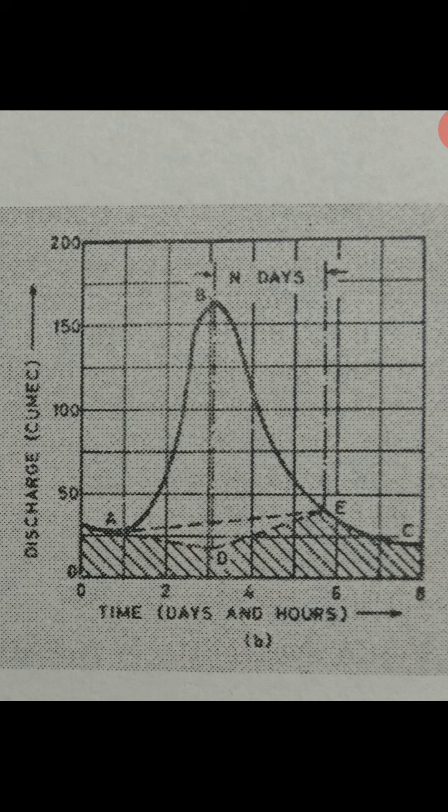From point D, a straight line DE is drawn to meet the hydrograph at a point E, where E is a point on the hydrograph n days after the peak of the hydrograph.